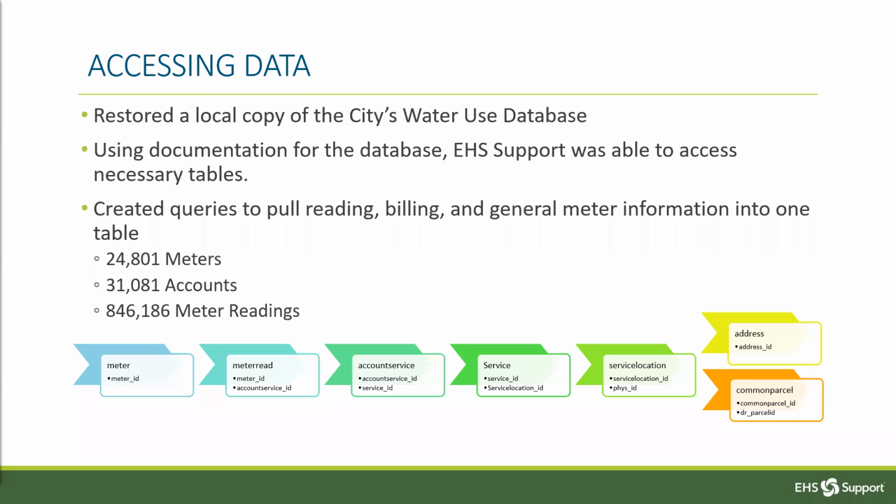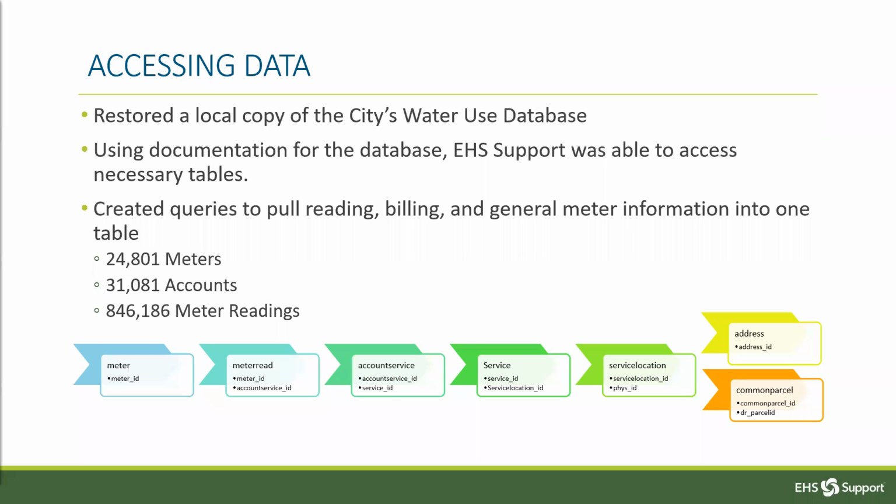Now that we had a copy of the database, we needed to access it. After restoring it locally, we had to learn how that database actually worked and how things are tied together within it. The documentation of the schema included all of the tables, the fields within them, and how they are connected. Our translation of how to get from the meters to adding relevant information like the readings with consumption, account information, and general locations is what you see down below.